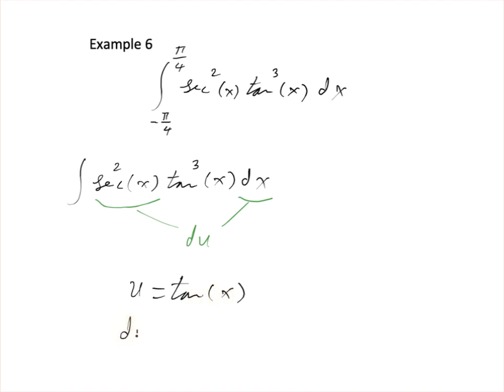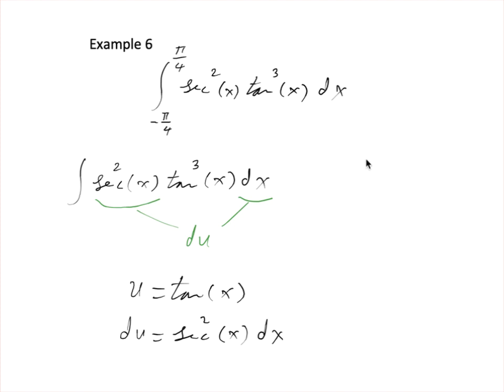Now let's write du below it. The derivative of tangent x is secant squared x, and du would be secant squared times dx. So this is the differential of that function, which is the derivative times dx.